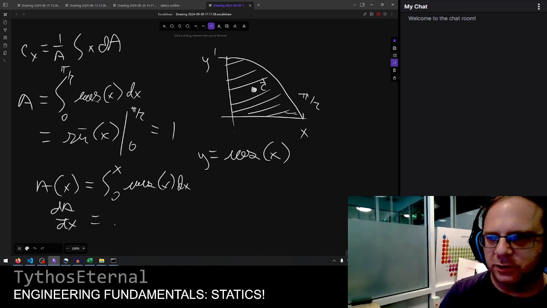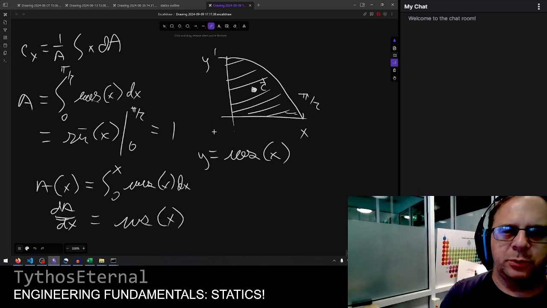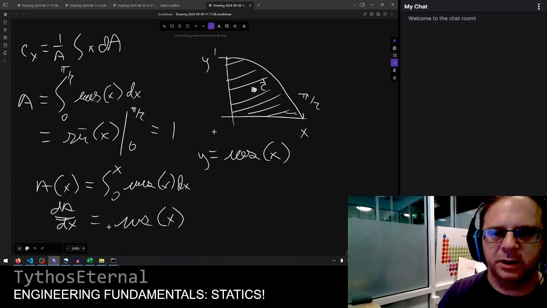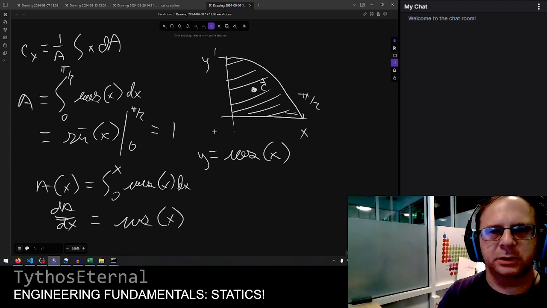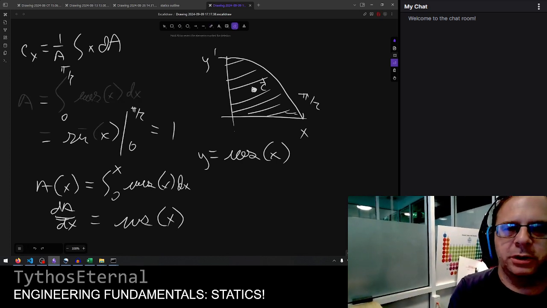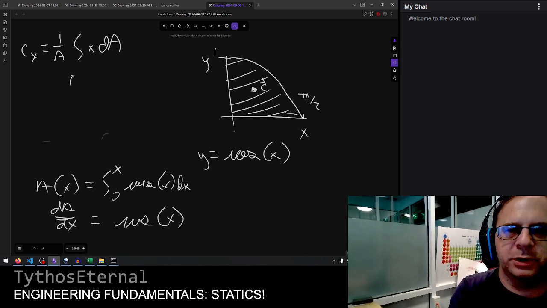The integral cancels out and you have cosine x, right? So this is what's going to let us replace dA here with cosine x dx, basically. So if we want to determine the actual centroid, I should probably keep A equals 1 here, but I'll trust that we can remember something like that.